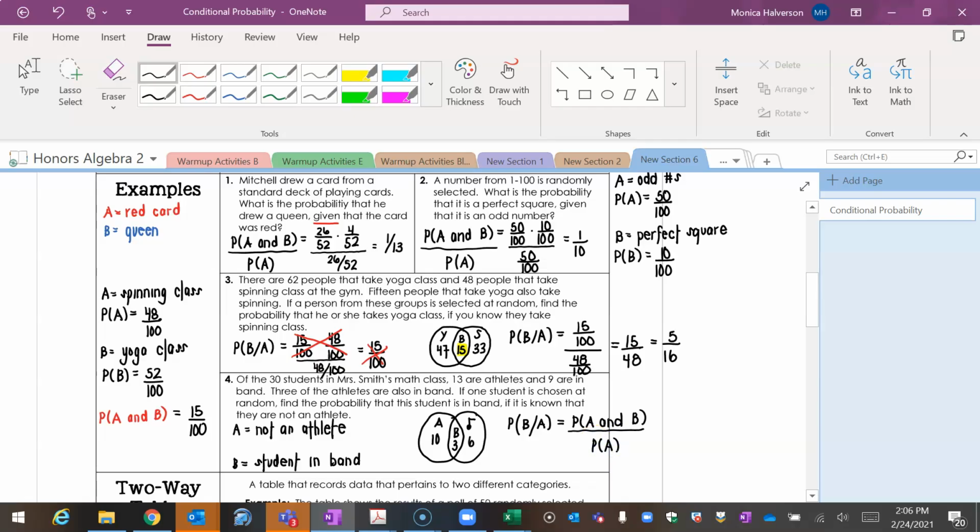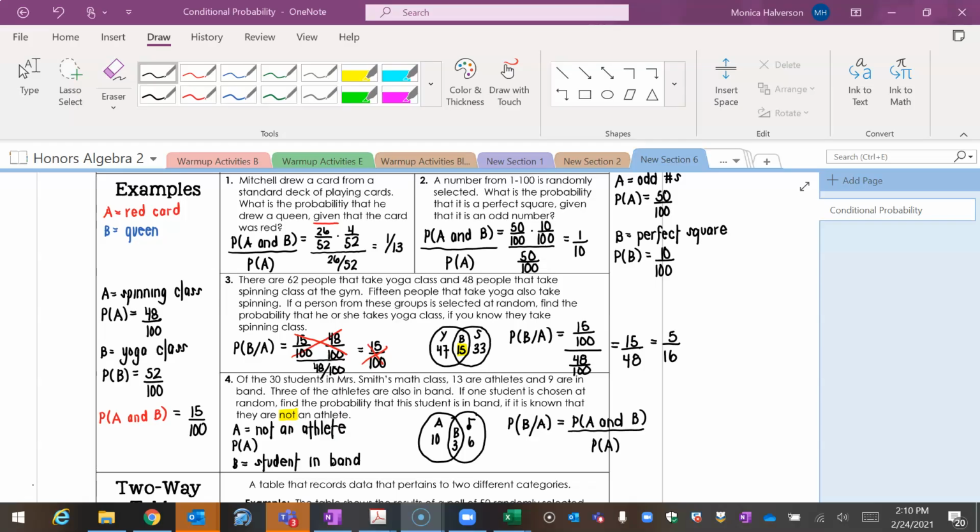So what is the probability that you are not an athlete? What is the probability that you are not an athlete is what P of A is asking for. And then probability of B is the student being in the band.